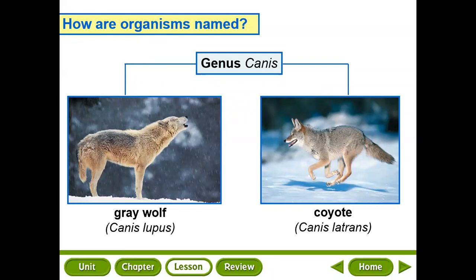Now we can say, what is the genus name of the wolf and the dog? Canis. You can say Canis. Canis lupus and Canis latrans.